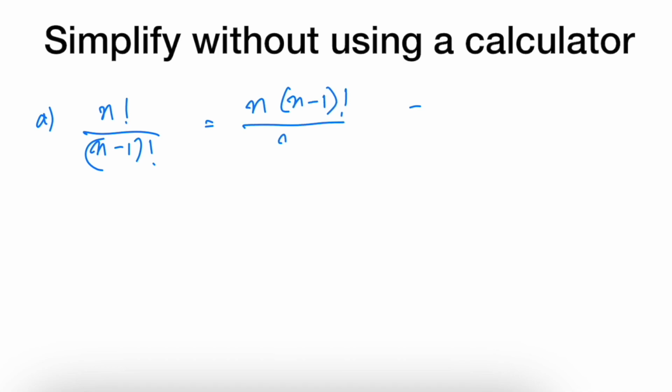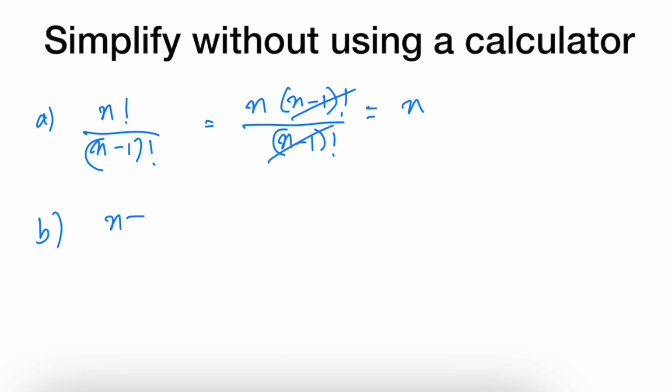Now can we do n factorial divided by n minus 1 factorial? n factorial is nothing but n into n minus 1 factorial. This entire thing divided by n minus 1 factorial. So this will cancel out and you're left with n.